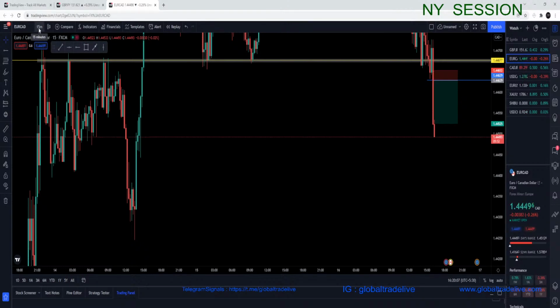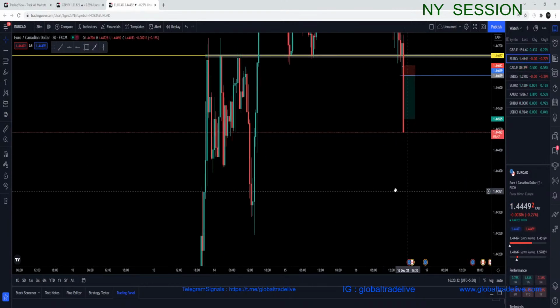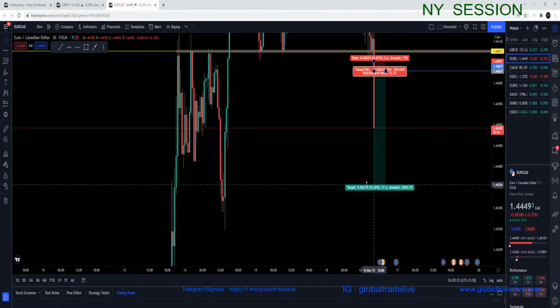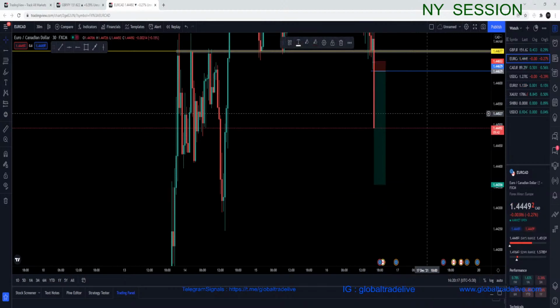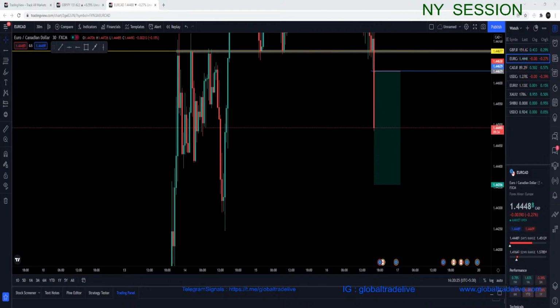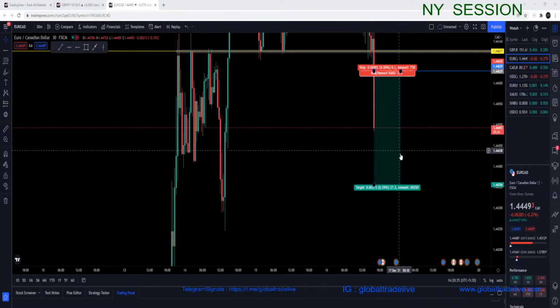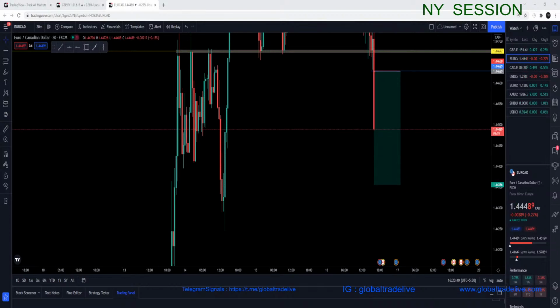Oh, nice. It's starting to move down now. Now my TP is around this level, and I'm now keeping my stops at break even. Now it's time. Kept stop losses at entry points, and now setting my TP at 1.44356.